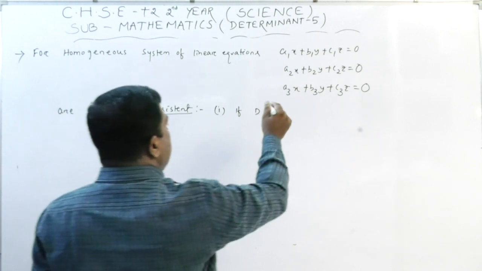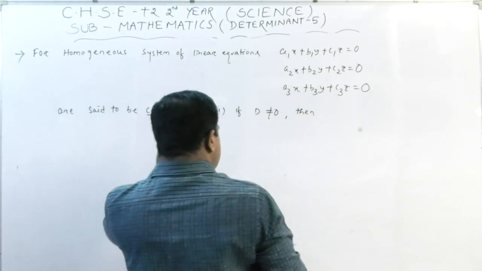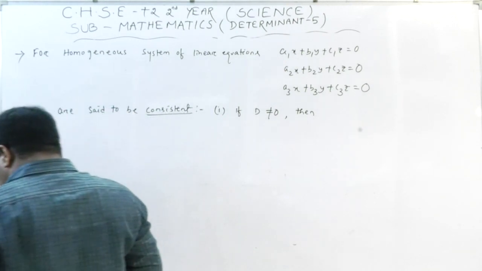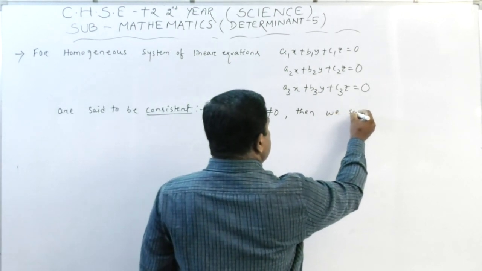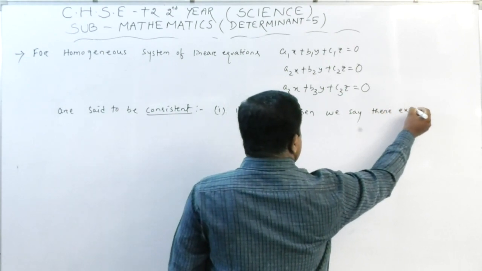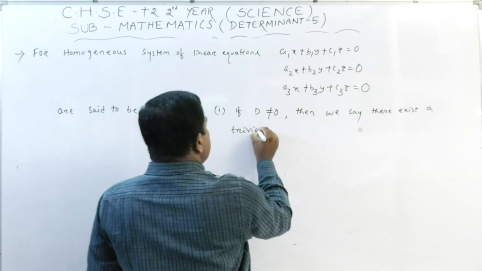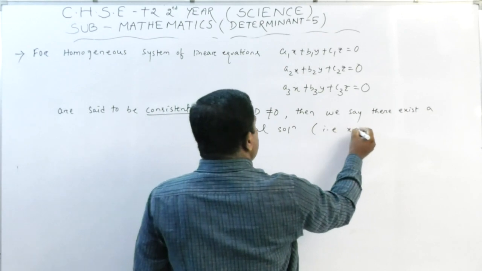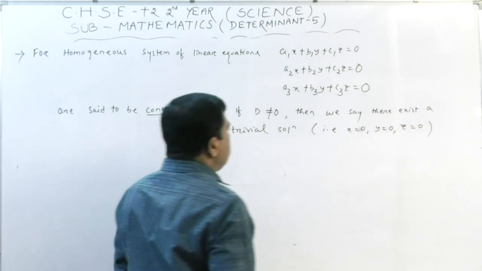If this determinant is not equal to 0, then we can say that there exists a trivial solution, that is x equal to 0, y equal to 0, z equal to 0.